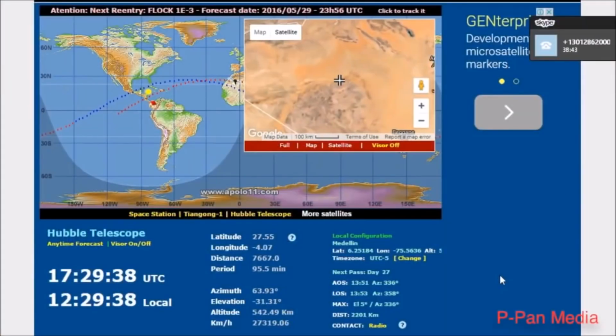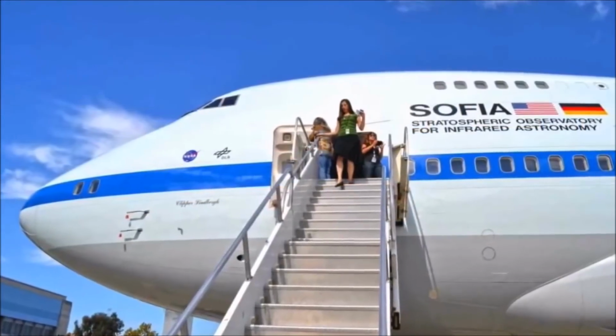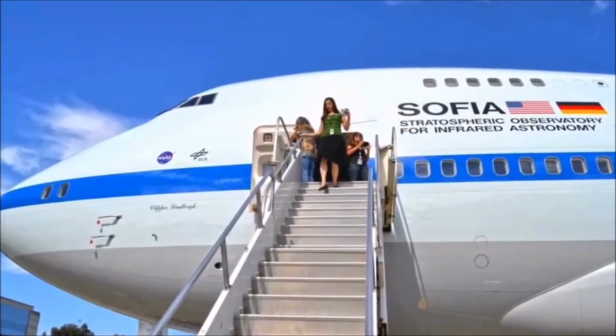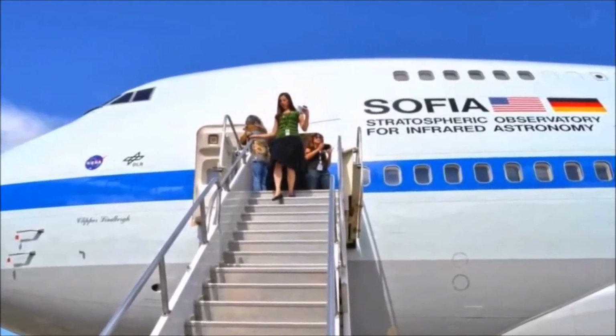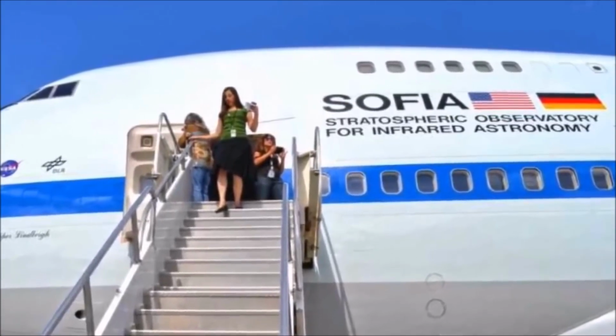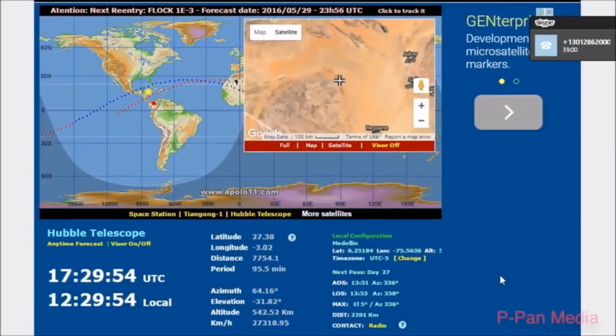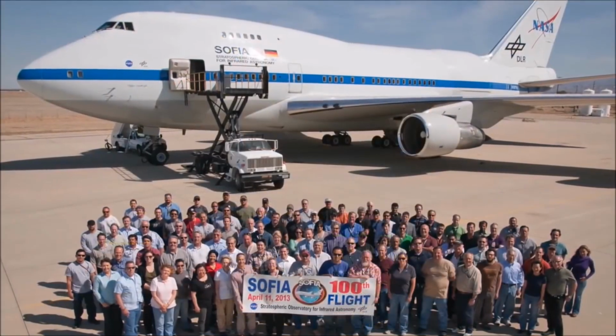I forget when SOFIA first flew. Yeah, SOFIA is not that old. It's been in existence, I think, since 2002 or 2004. But there were airborne telescope observatories being flown longer than Hubble.